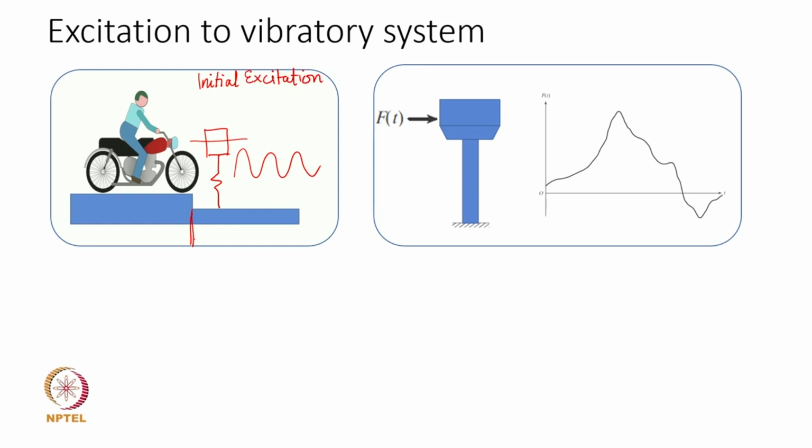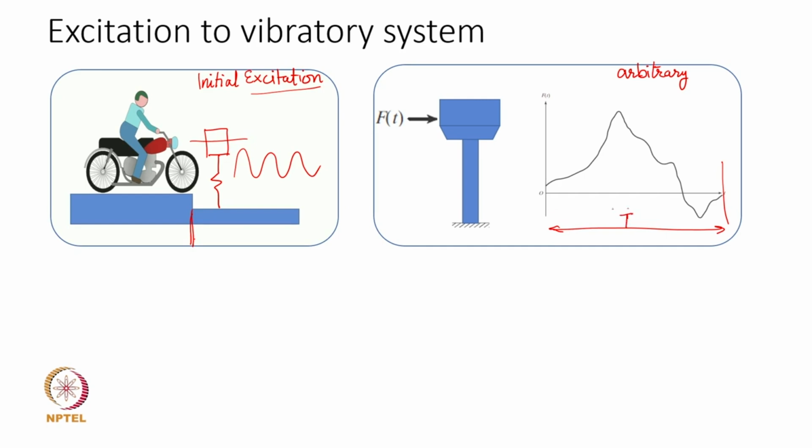The other type of excitation that we discussed a few lectures back was arbitrary excitation. Now, that arbitrary excitation is not really an initial condition at t is equal to 0, but it persists for a certain duration of time. So, this time is not infinitesimally small.